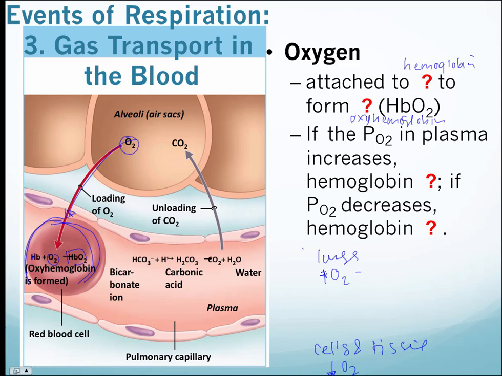Now we have this differential, these concentration gradients of those gases, so we're going to have oxygen leaving our capillary beds to go towards our cells and tissues. At the lungs, we have low amounts of carbon dioxide. Once we get to our cells and tissues, we have lots of carbon dioxide. All that carbon dioxide is going to enter into our capillary bed and be delivered back towards our lungs.